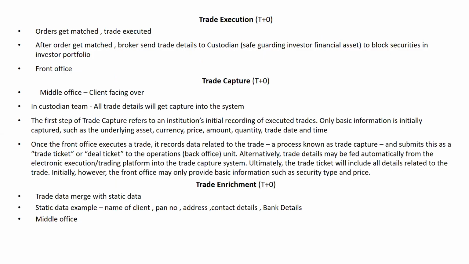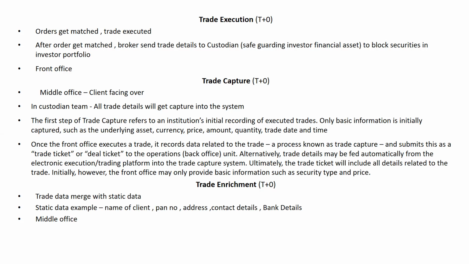The third one is trade execution, which happens at T+0. Once the order gets matched, the trade is executed. Once the trade is executed, the broker sends the trade details to the custodian. A custodian is basically a person who handles the client portfolio.